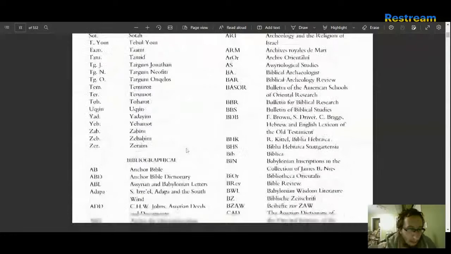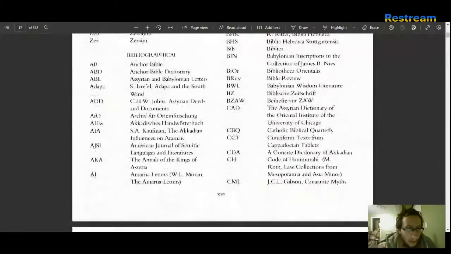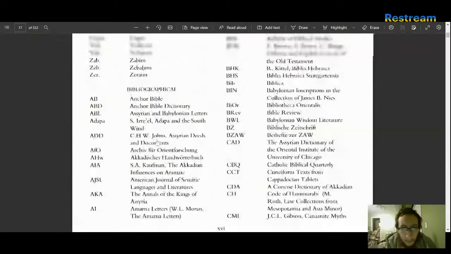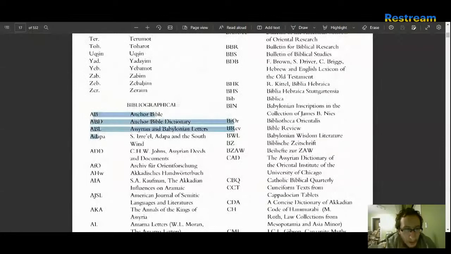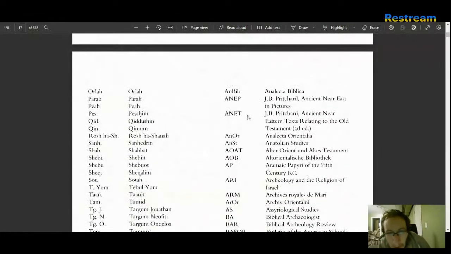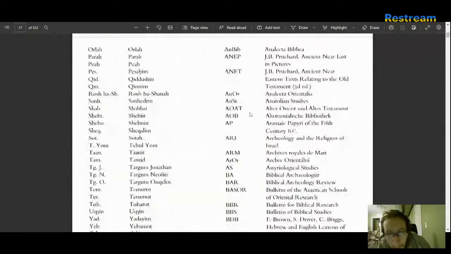Then we have other documents. The AHW is another Akkadian dictionary. We have different writings, such as AL is the Amarna letters. We have various dictionaries. AP is the Aramaic papyri.